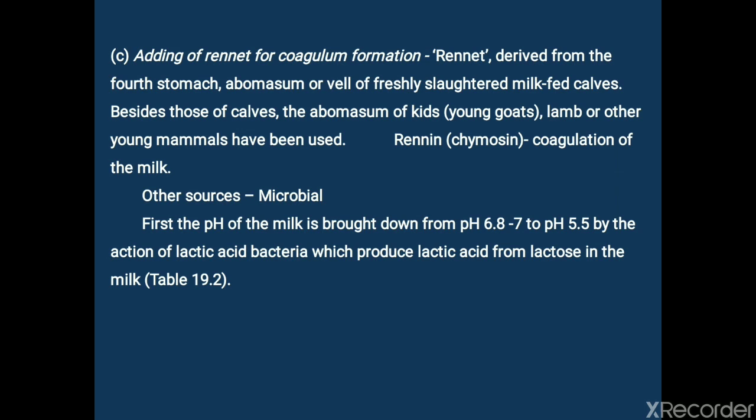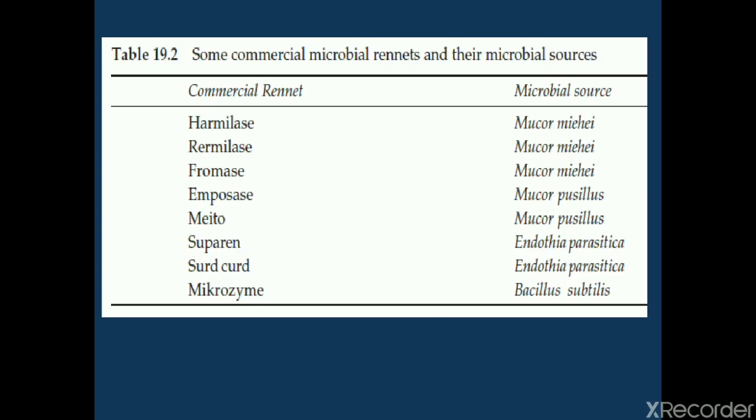First, the pH of milk is brought down from 6.8 to pH 5.5 by the inoculation of lactic acid bacteria, which produce lactic acid from lactose in milk. Following are the examples of different types of proteolytic enzymes or rennins, which are obtained from different microorganisms.